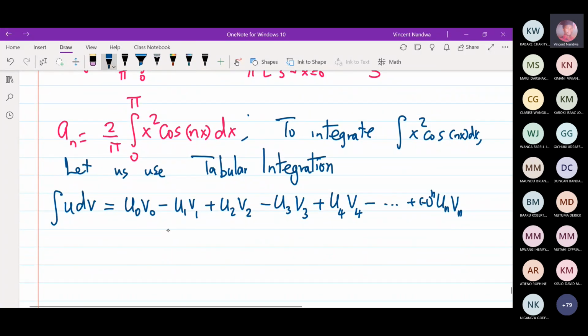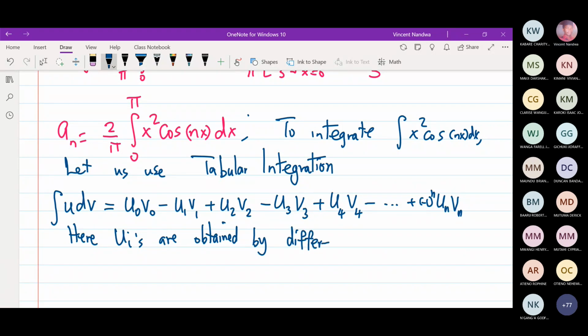So here, ui's are obtained by differentiation, while vi's are obtained by integration.